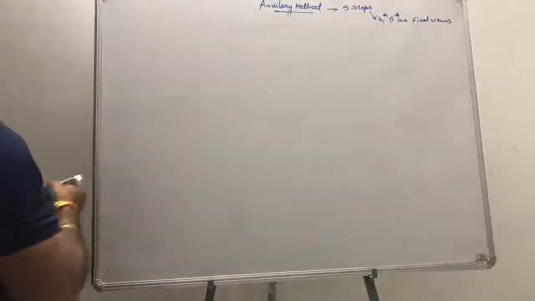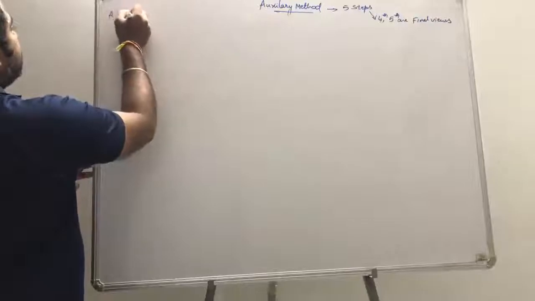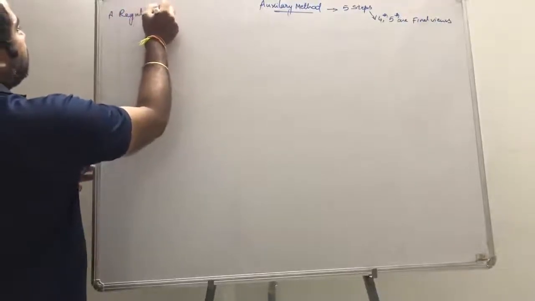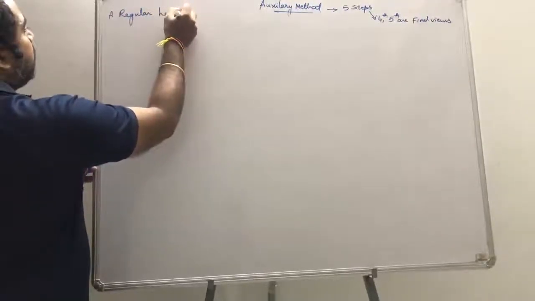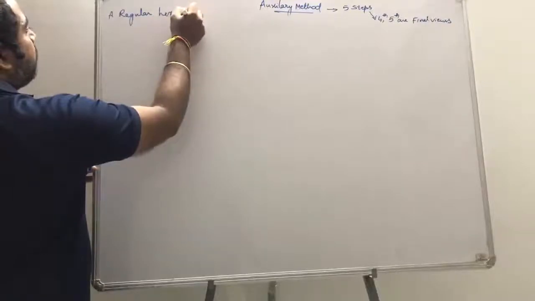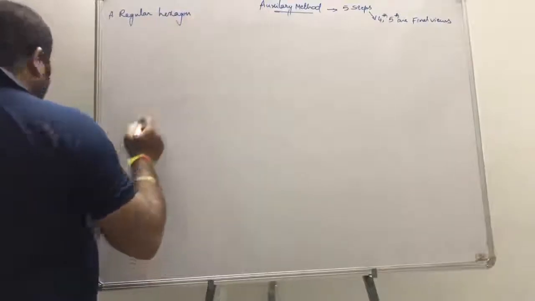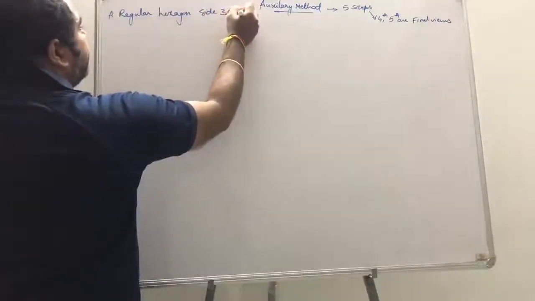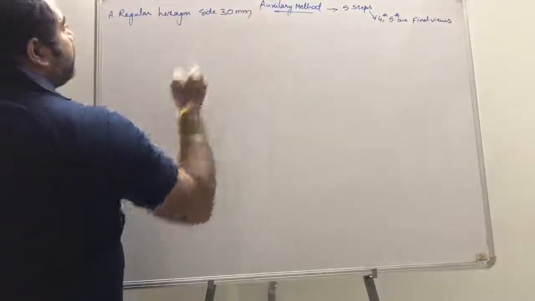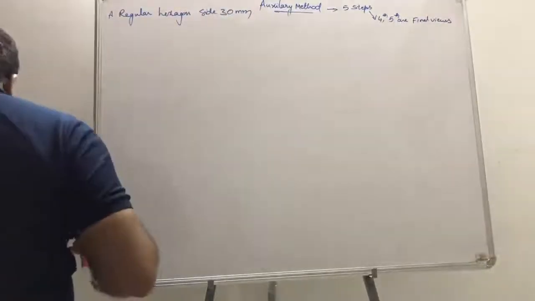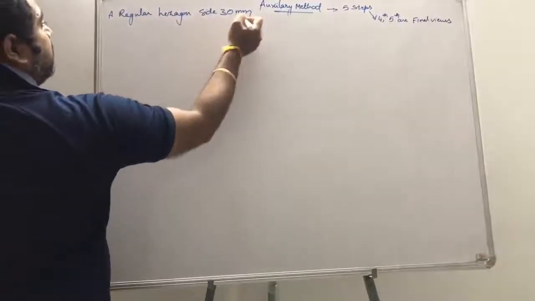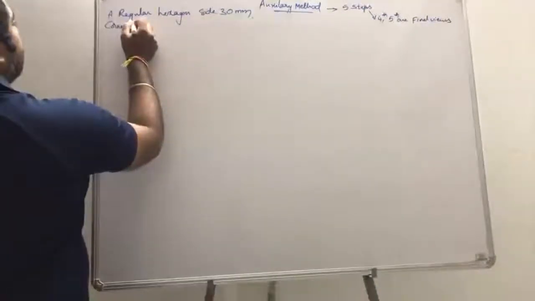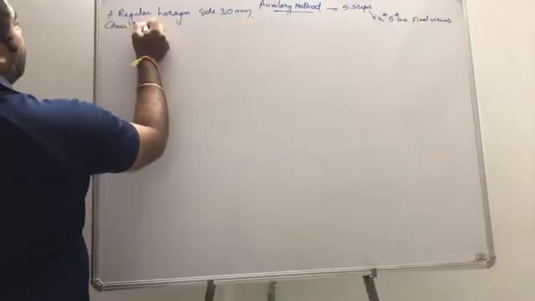A regular hexagon of side 30 mm has a corner in VP.